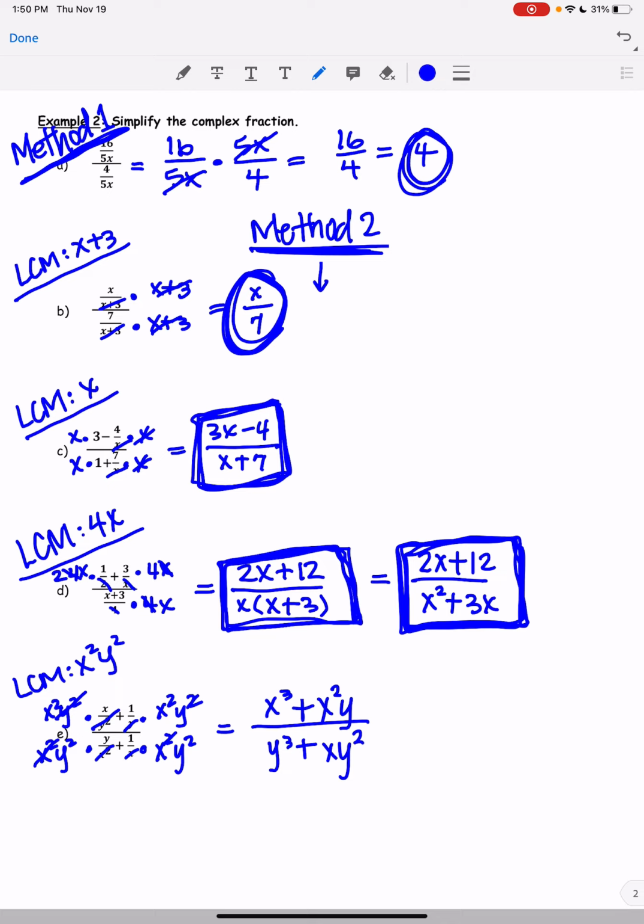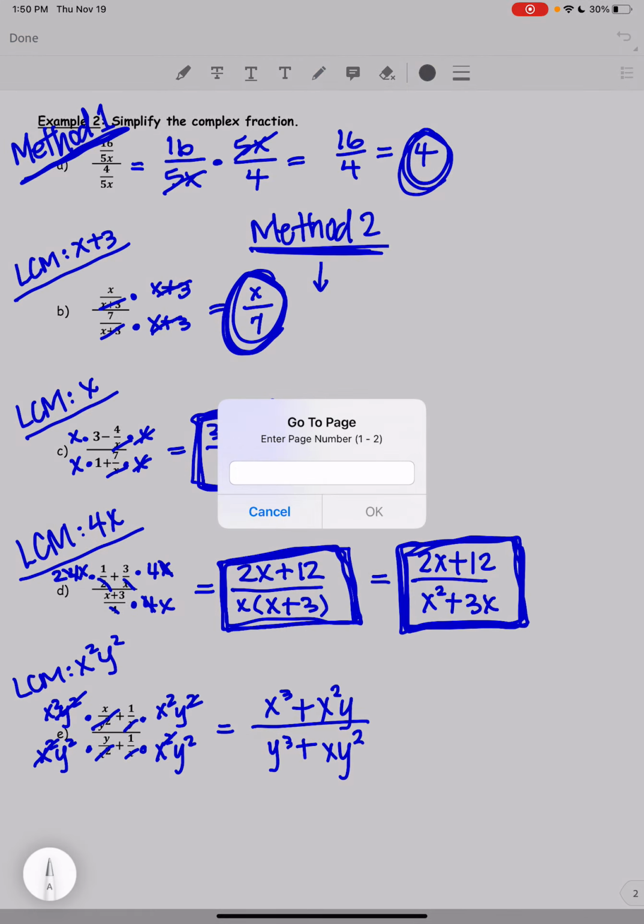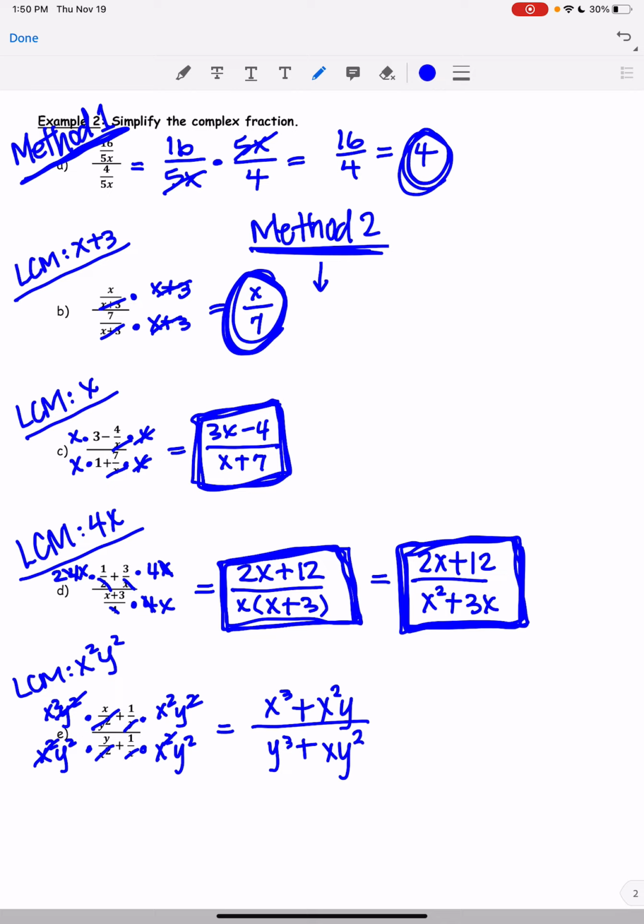Okay, now I think this is correct, but I can factor out something, and so let's see if that helps me simplify any more. In the top, I've got x cubed and x squared y.